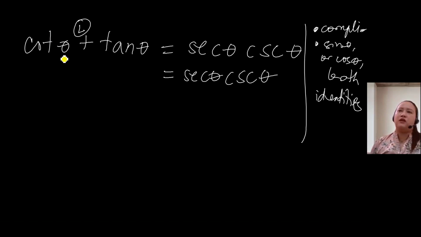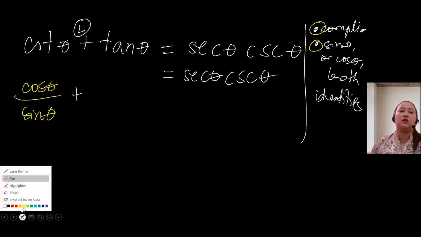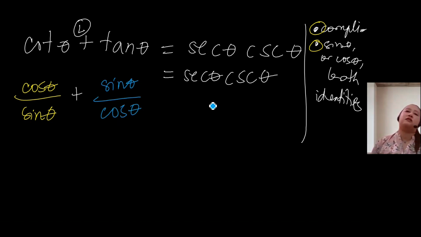But let us just follow what I write on the right side. Writing this in terms of sine and cosine, we have cosine theta over sine theta, this is the quotient identity, plus the tangent, which also has an equivalent in terms of sine and cosine. The quotient is sine theta over cosine of theta.